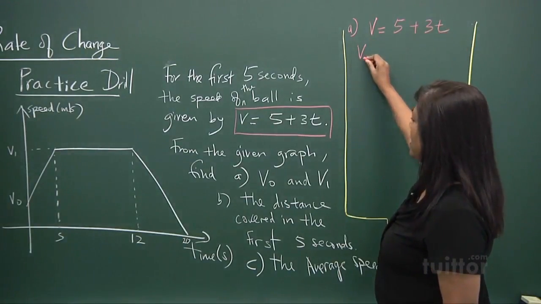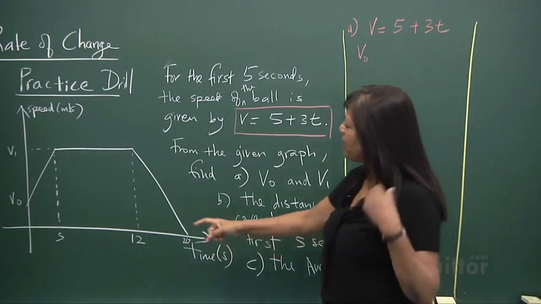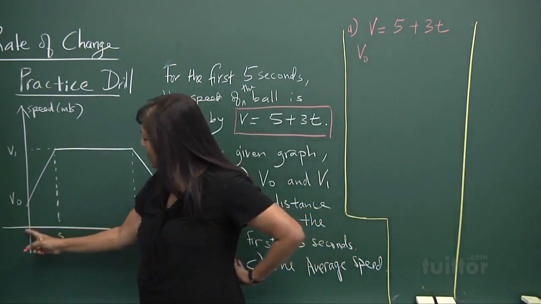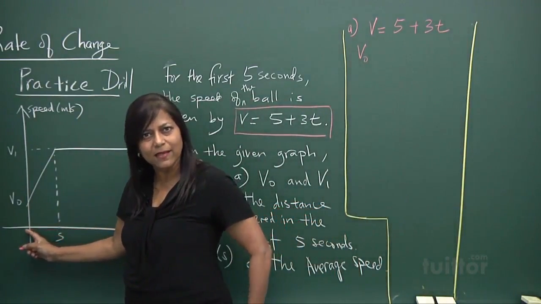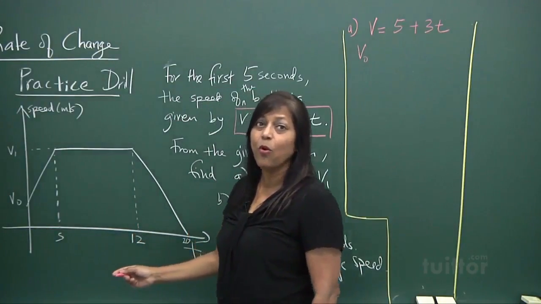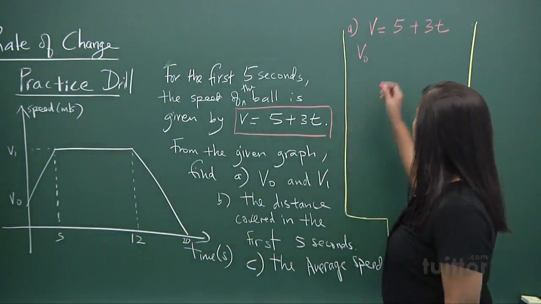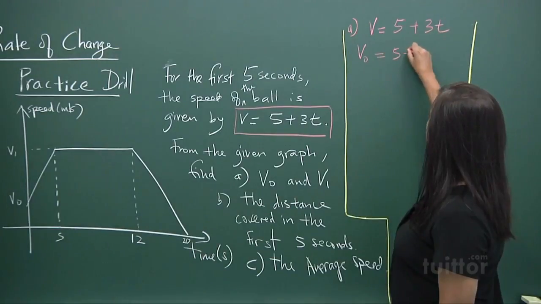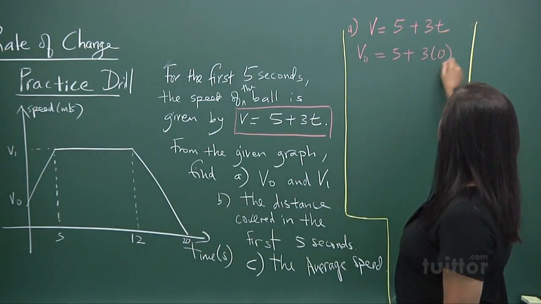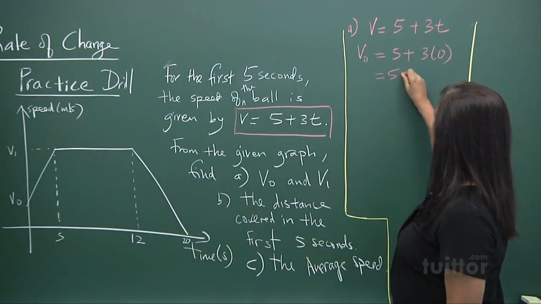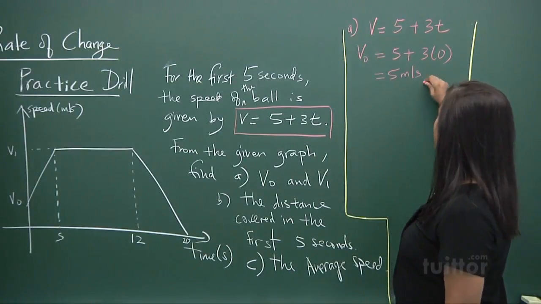When it is V0, when you look at V0, that means the time here is 0 seconds. So when the time is 0, what will be the speed? So you'll be 5 plus 3 times 0. So that speed is 5 meters per second.